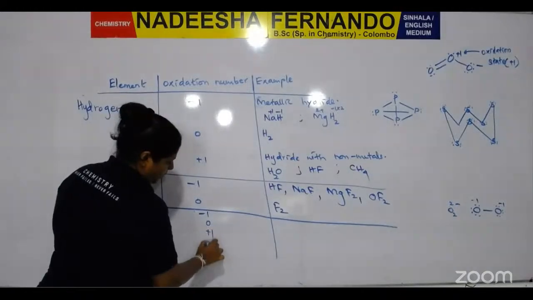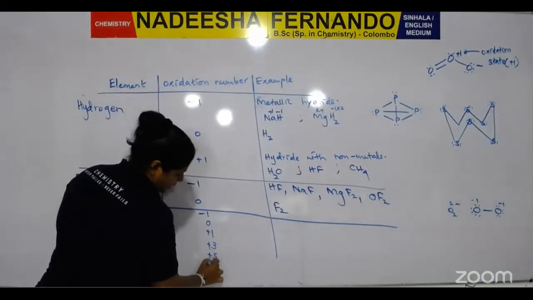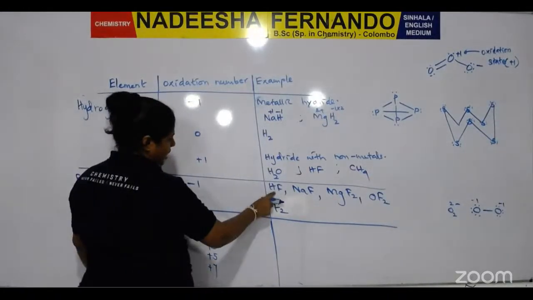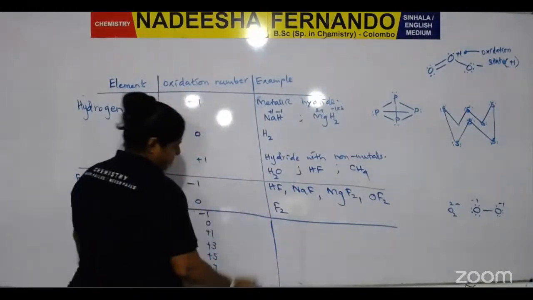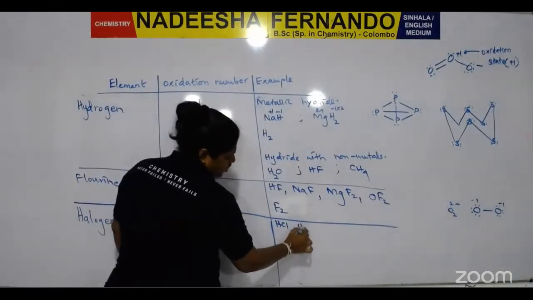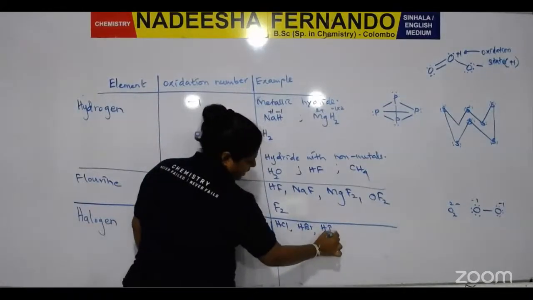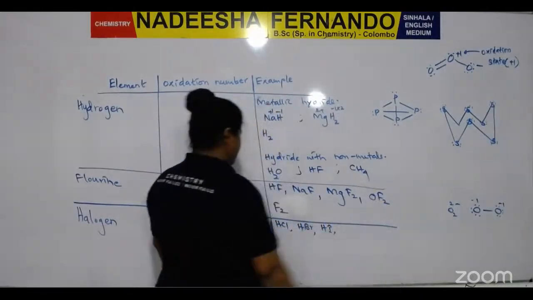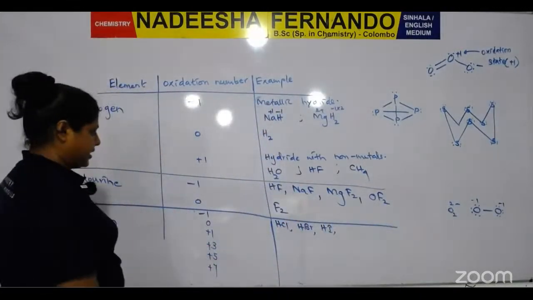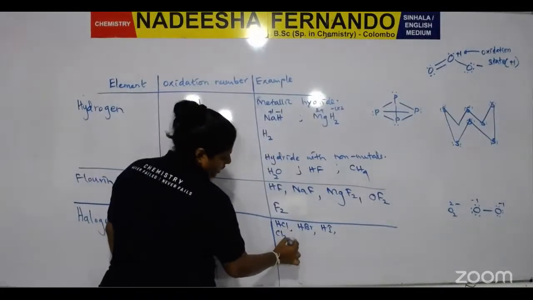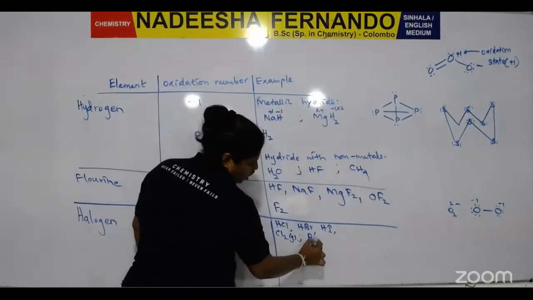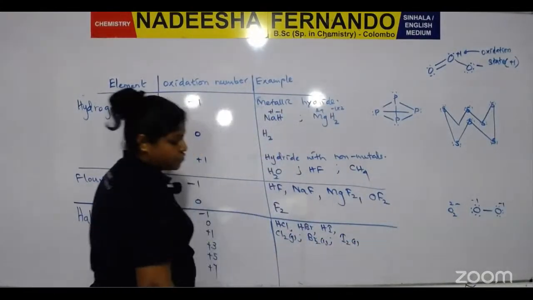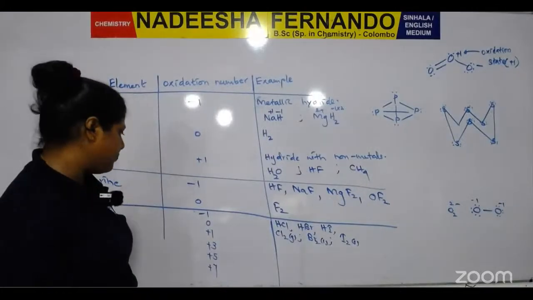So -1, same as fluoride: HCl, HBr, HI can be taken. Or you can take NF, NCl, NBr at that place. 0: Cl2 gas, Br2 liquid, I2 solid. You should remember the physical states too, okay?